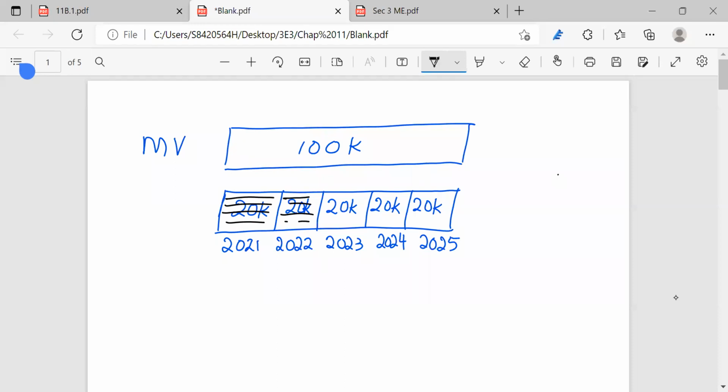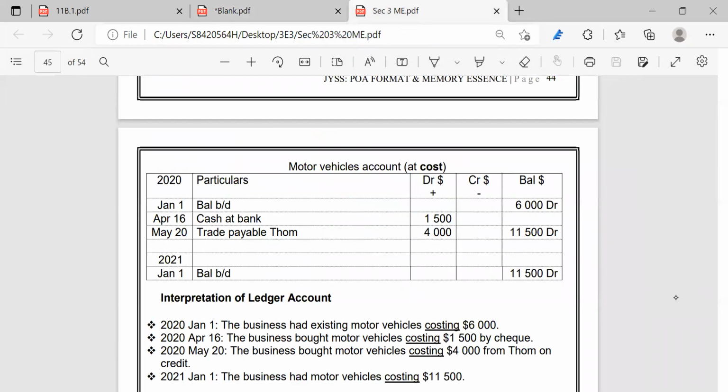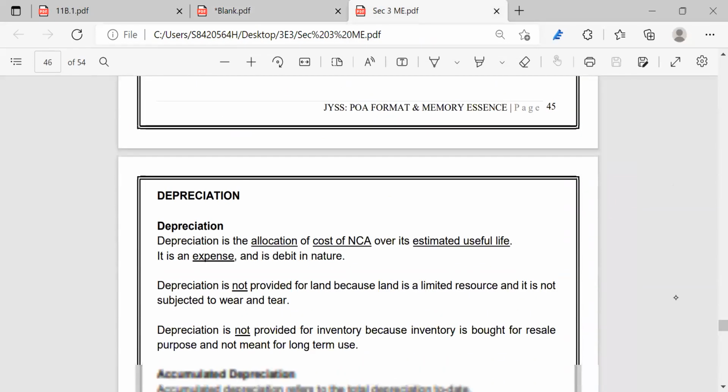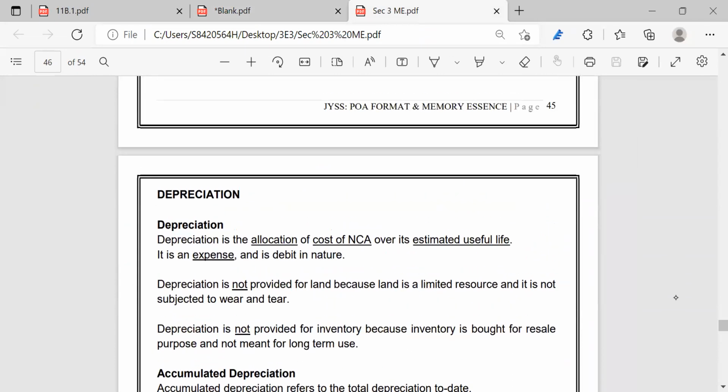So what causes the value of your non-current assets to get smaller and smaller over the years? You can refer to your memory essence for this, on page 46.